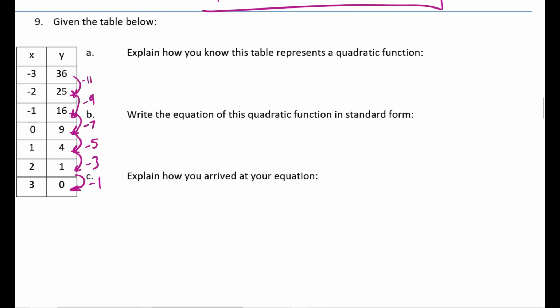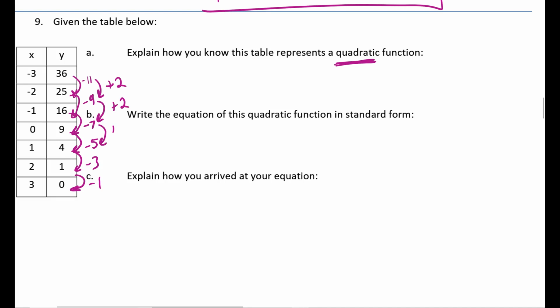In order to see if it represents a quadratic function, we just look at the rate of the rate. So here I have the first differences, this -11, -9, and I just look at the distance between those two numbers. To get from -11 to -9, I would add 2. And then to get from -9 to -7, I would add 2.